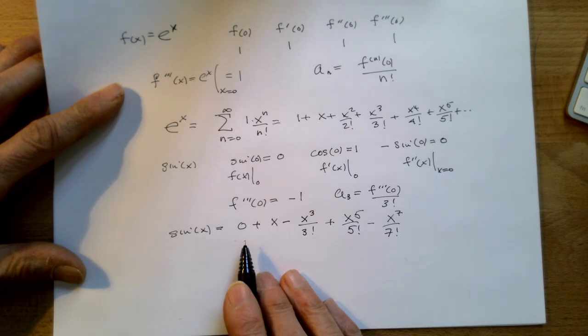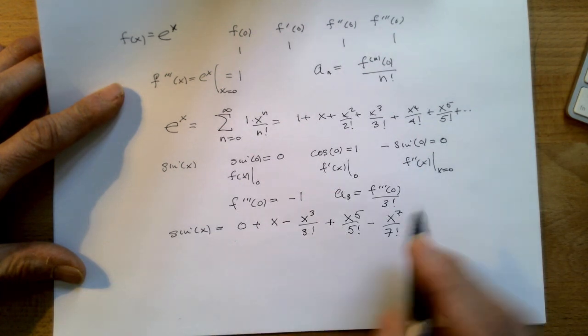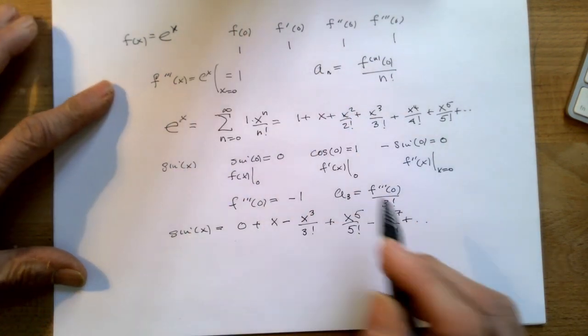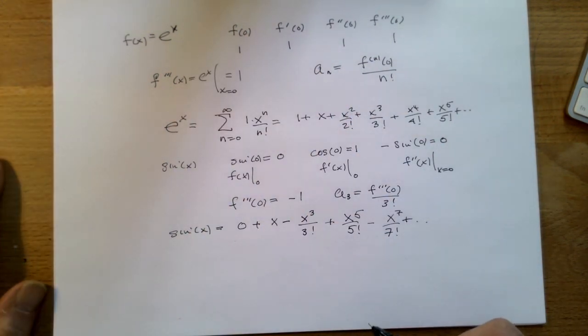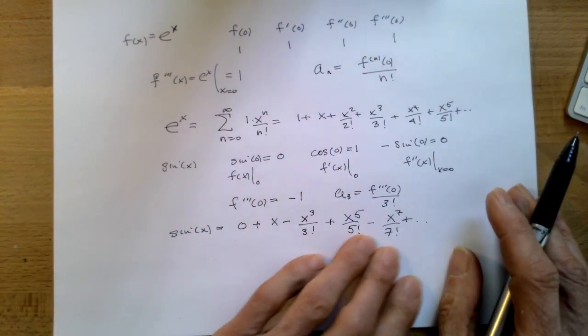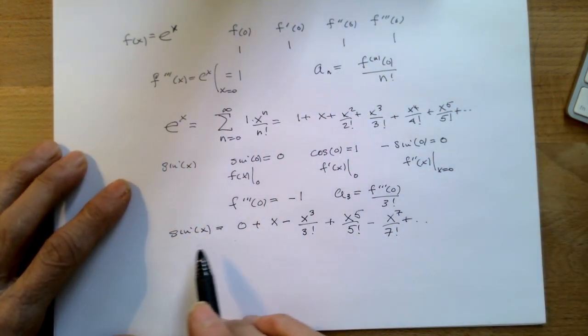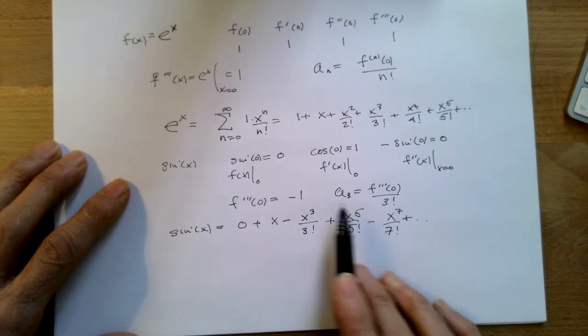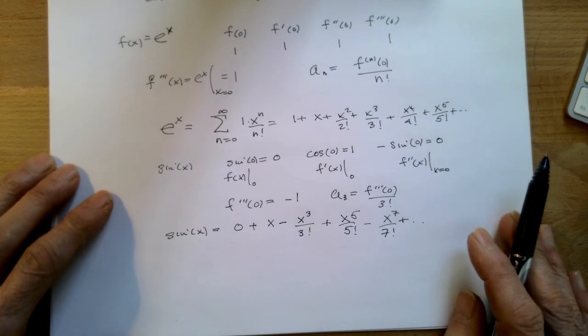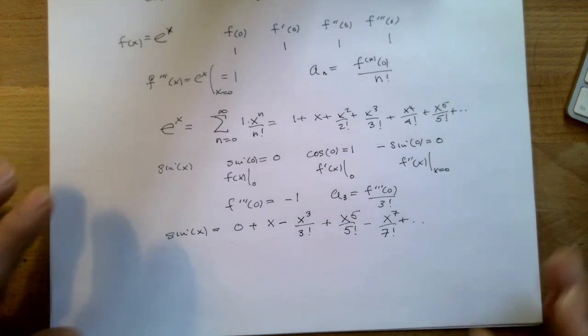And it has all the powers that are missing on the cosine, and it goes plus minus plus minus plus minus just like the cos does. And you can check that this is a very good approximation for the sine. In fact, if you just did x minus x cubed over 3 factorial, you'll get an excellent approximation for the sine in radian measure. Okay, that's all for today.